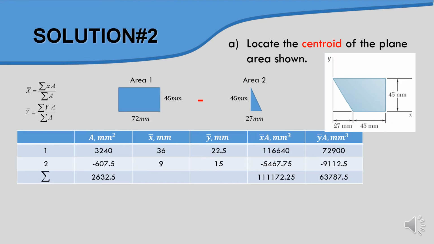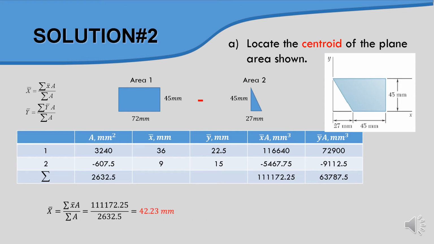The first one is by using a bigger rectangular minus triangle, or you can do a small rectangular plus triangle here. So in this case, we will get the values of x bar and y bar.